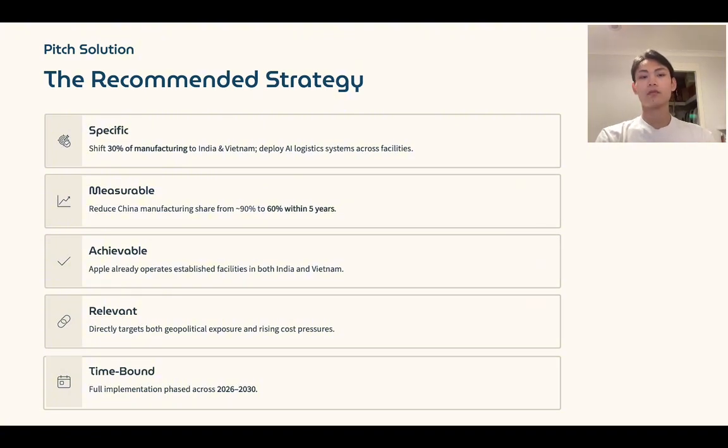It is achievable because Apple already operates in India and Vietnam. It is relevant because it directly responds to geopolitics and cost pressures. And the last one is it is time-bound because it has a 5-year implementation period.